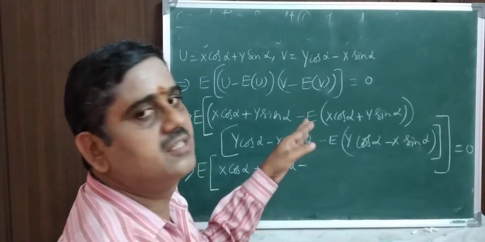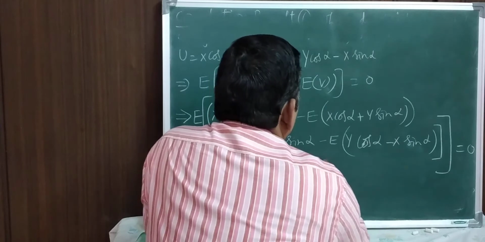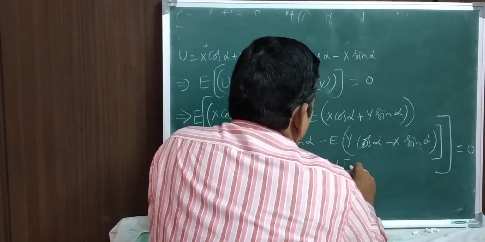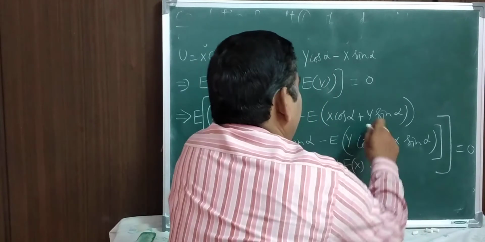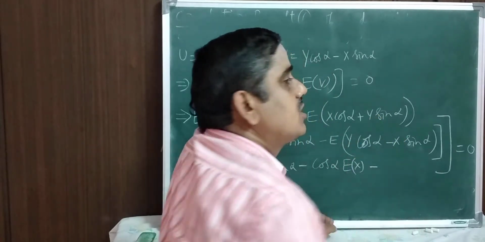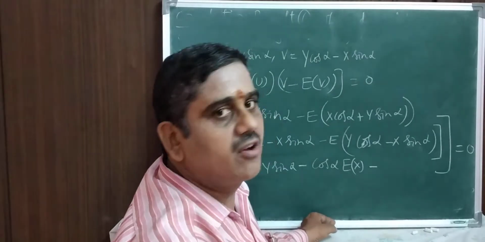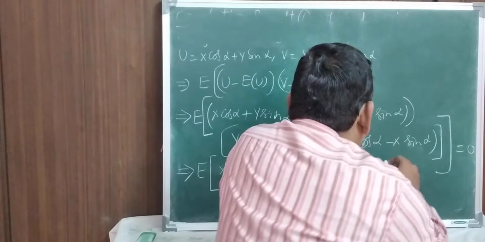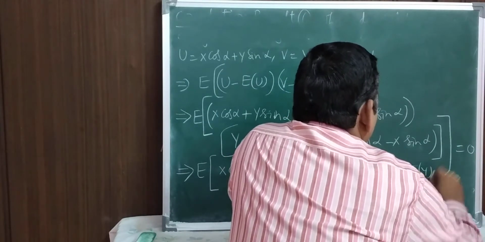Therefore expectation of cx is equal to c times expectation of x, which is nothing but cos alpha into expectation of x, minus, and here also sin alpha is a constant, so the expectation is for the variable y. Therefore it is sin alpha multiplied by expectation of y.